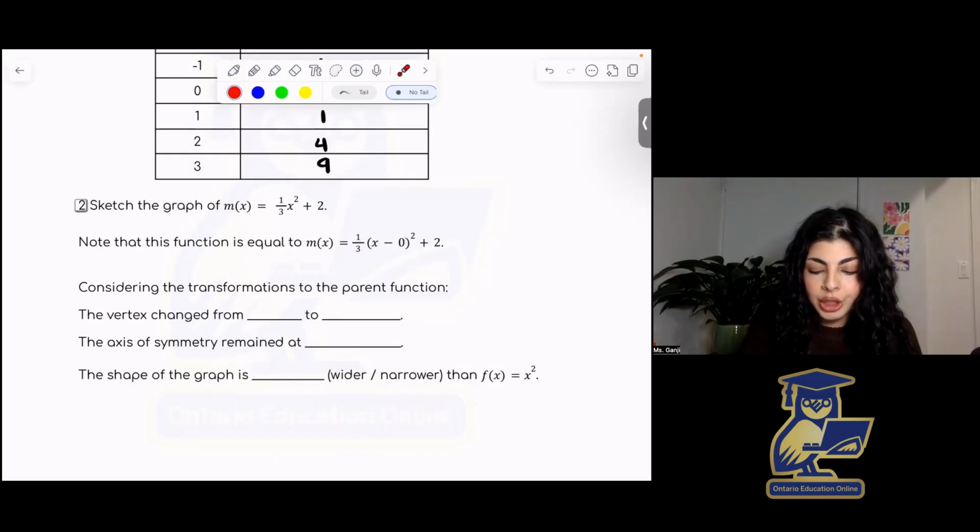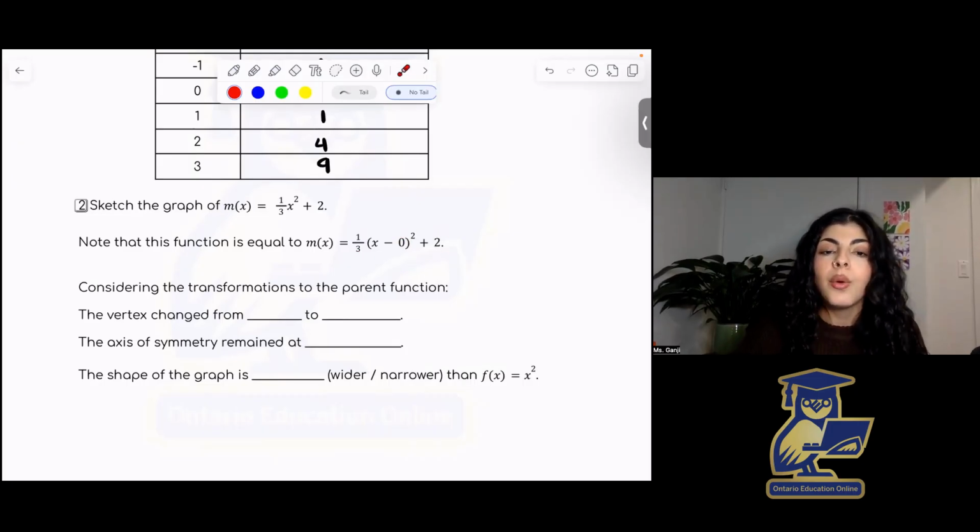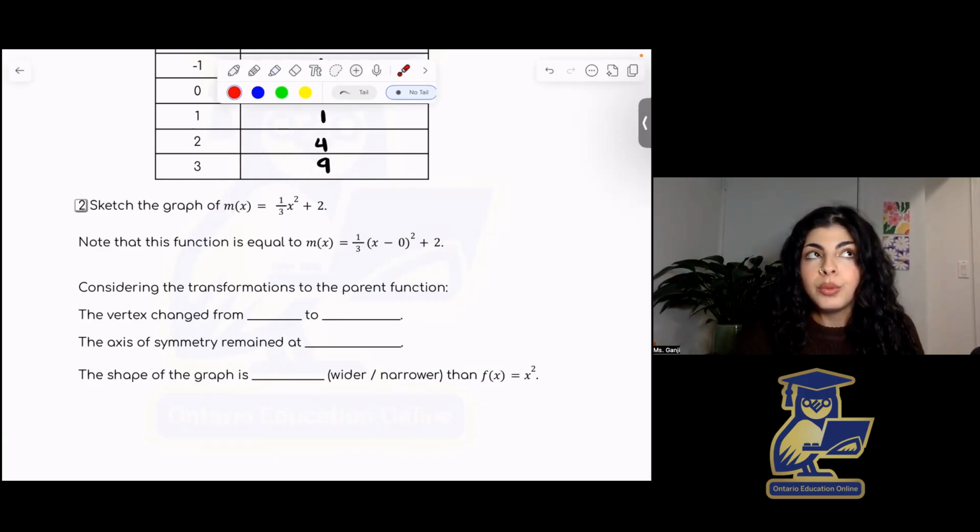We have h here, which is just 0, and we have k as plus 2. So here we have no horizontal translation. We have a vertical translation 2 units up, as well as a vertical compression by scale factor of 1/3.